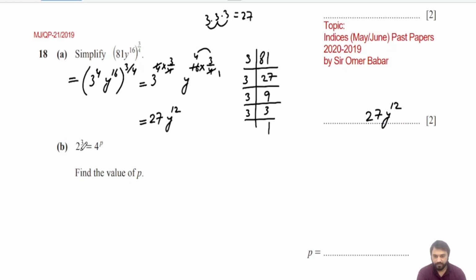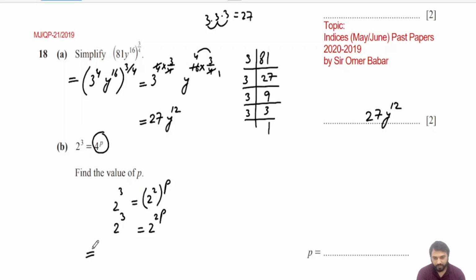The next part B is 2 raised to power 3 is equal to 4 raised to power p. Find the value of p. We have to convert this 4 into power of 2. So I can write 2 cube is equal to 4 can be written as 2 square. The power p remains the same. Now we have the power of power, we multiply 2 into p, that is equal to 2p. So bases are same.